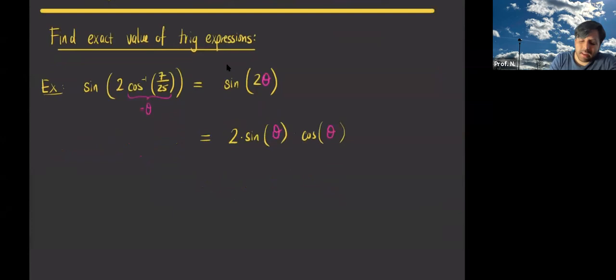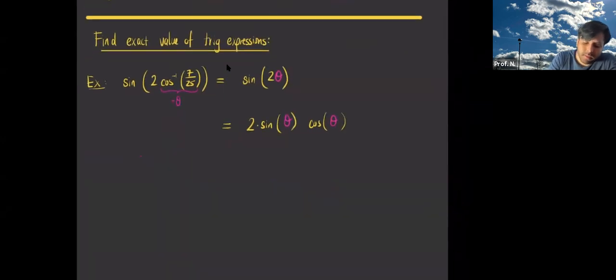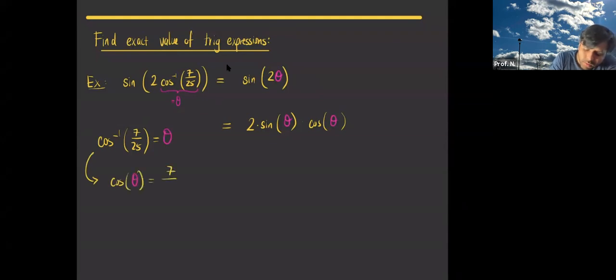So let me unpack this a bit. Let me unpack cosine inverse 7 over 25 equals theta. How can I rewrite this? Remember when we talked about rewriting it without inverse trig? I can rewrite this as cosine theta equals 7 over 25.